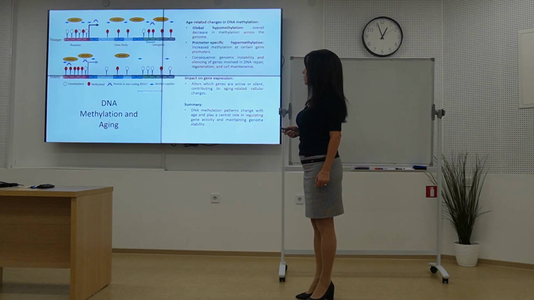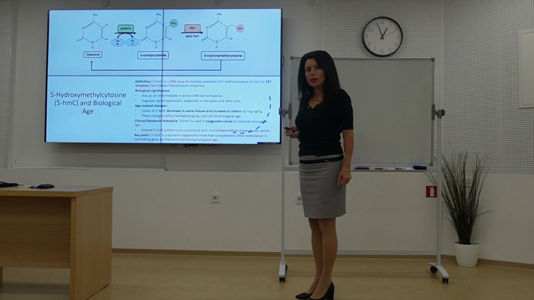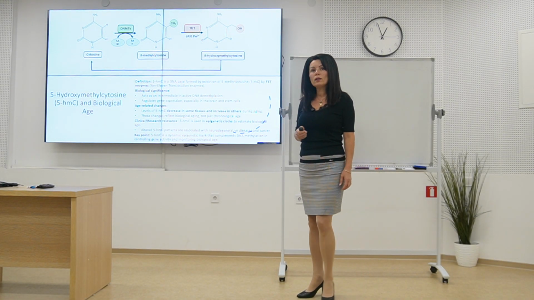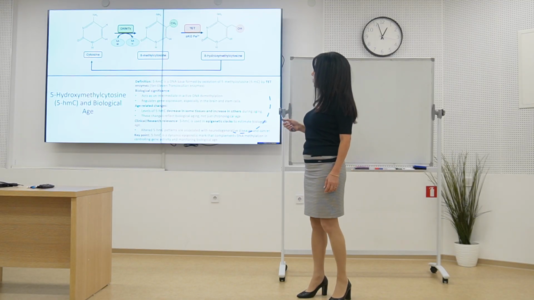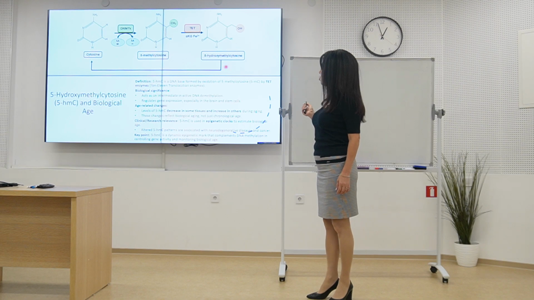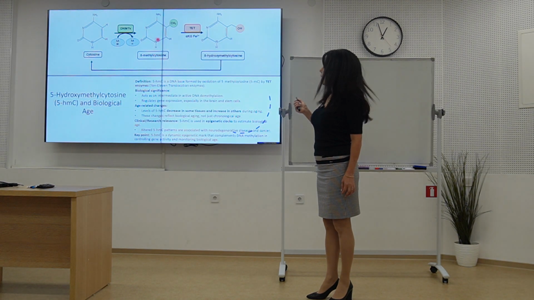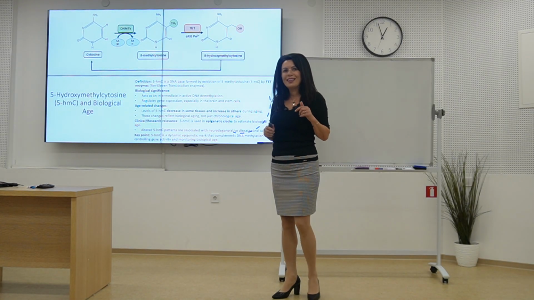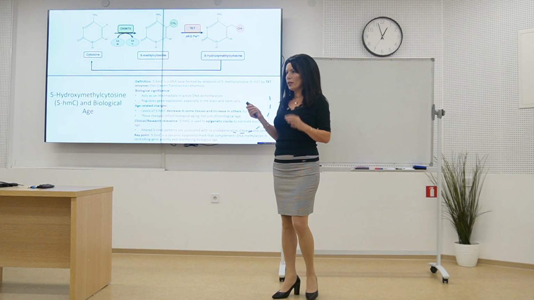One more marker of biological age is testing of one compound which can be hydroxylated after the methylation, which is called 5-hydroxymethylcytosine. By the way, this SAM is the cofactor of methylation, the cofactor of the enzyme.